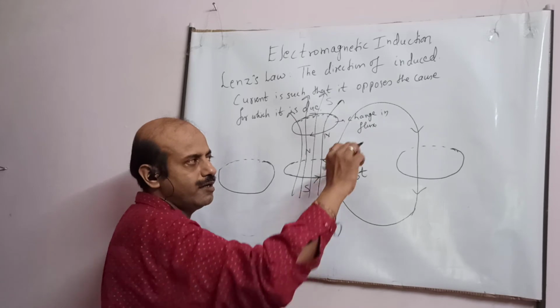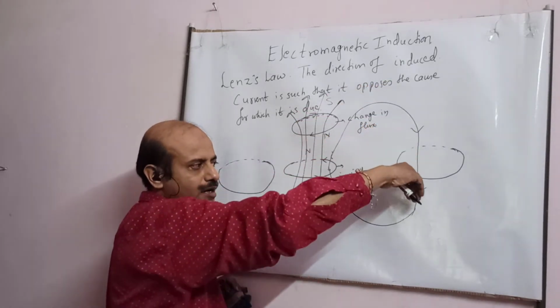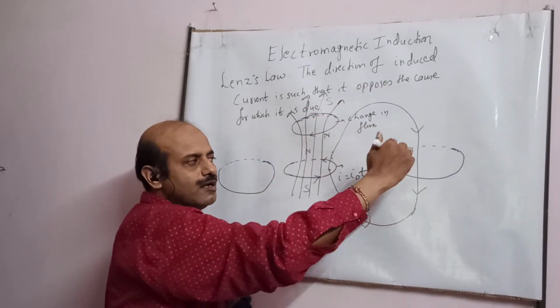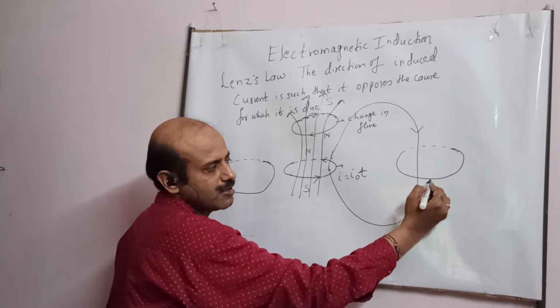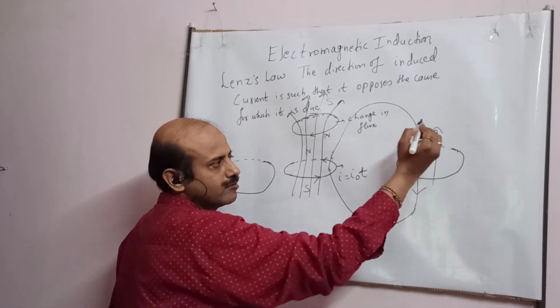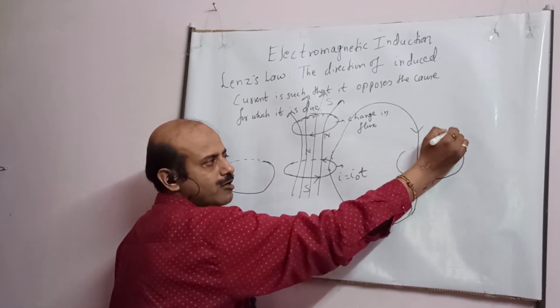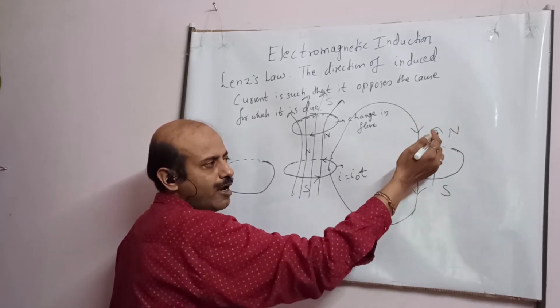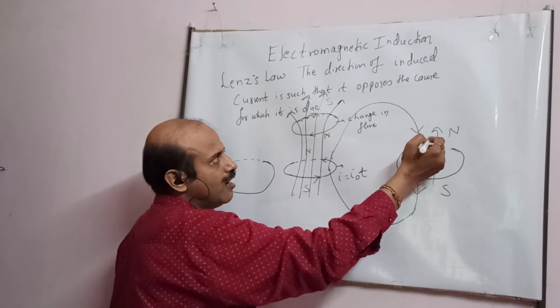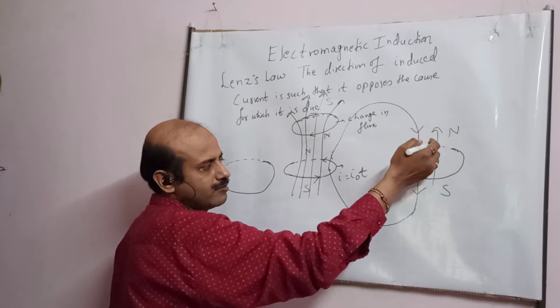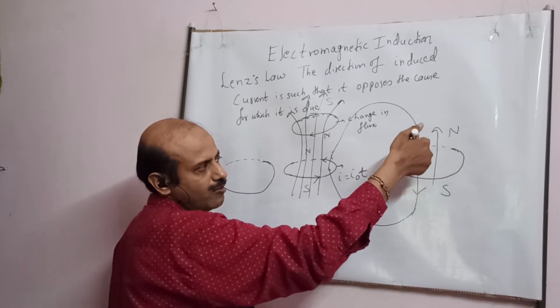Here the field is entering like this and it is coming out like this. So from here the lines of force must pass opposite to oppose this, student. And for this to happen, here there should be a north pole. And to have a north pole here, student, you can see how the direction of current will be.